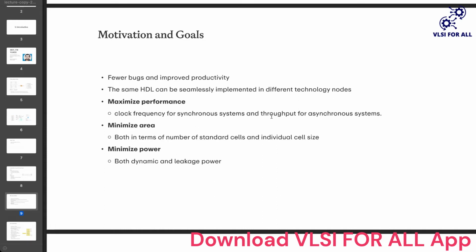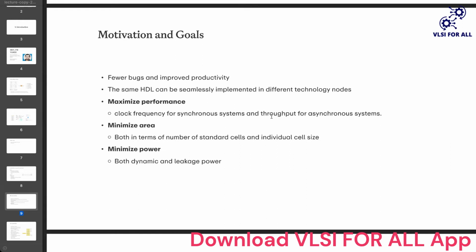The third major goal is the power. As you keep increasing the frequency, what happens? Your overall power, because your computation is happening so fast, the power generated will also be higher, right? So you have to reduce the power as well. And along with the power, heat gets generated too. That is also an important aspect to address.